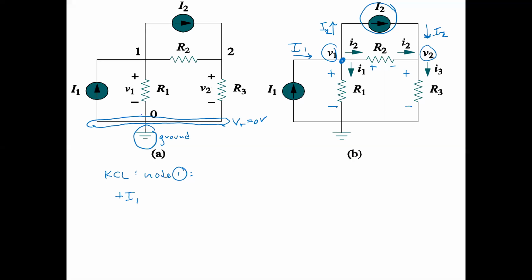So give me another current flowing into node V1. Minus capital I2, because capital I2 is flowing out of the node. What else? Minus little I1. Minus little I2. And those have to add up to 0.